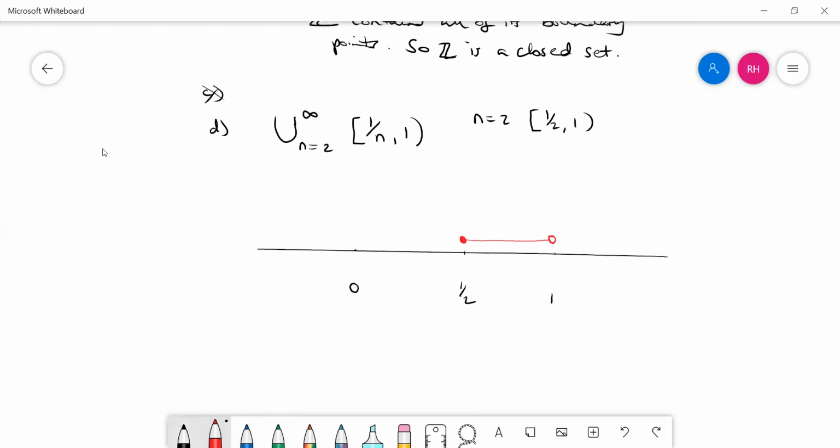Okay. n equals 3, 1/3 to 1. So let's now draw a third is about there.